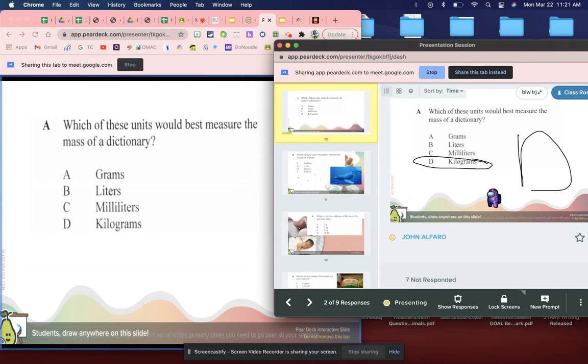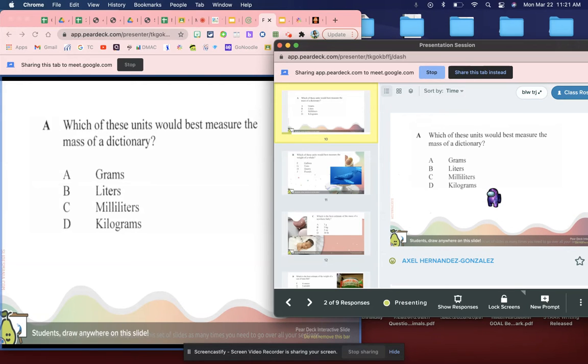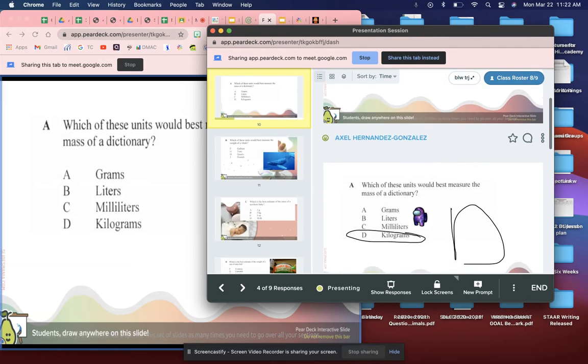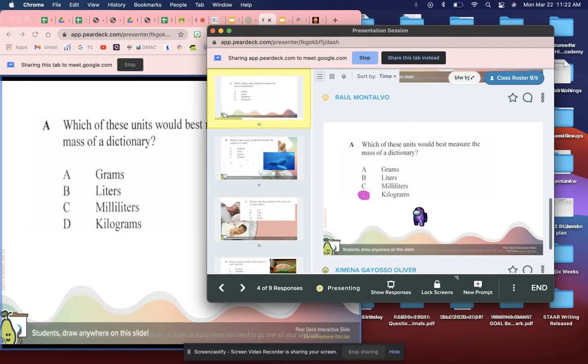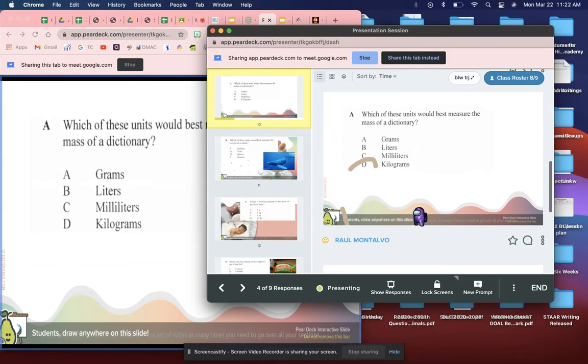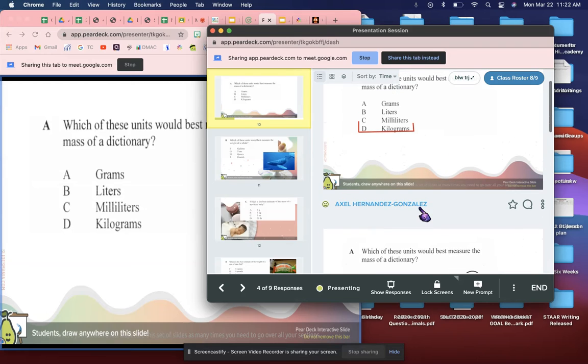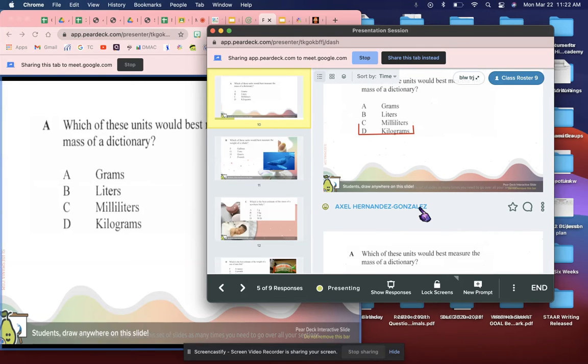Good job, John. You got it, dude. Yeah, you understood it. Yes, good job. Jimena, awesome. You got it. Raul erased it. Good job, Axel.